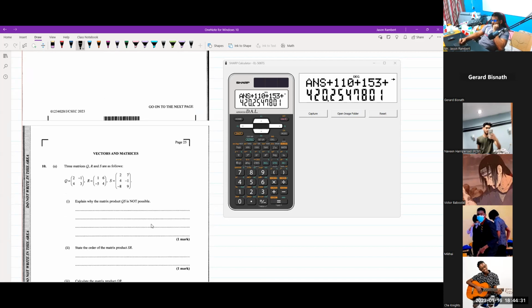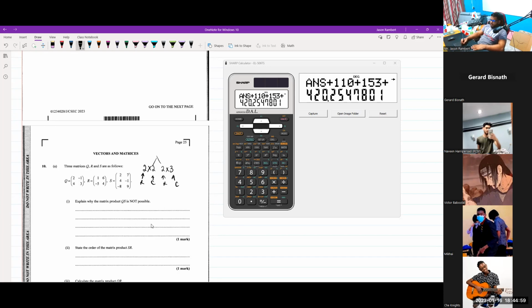We know for matrices, if I have a 2 by 2, I need to have a 2 by something, right? Row, column, row, column. The number of columns in the first matrix must be equal to the number of rows in the second matrix for matrix multiplication to be possible.